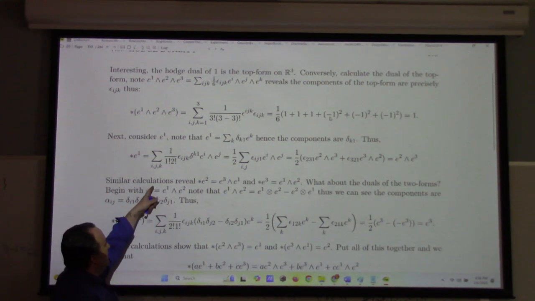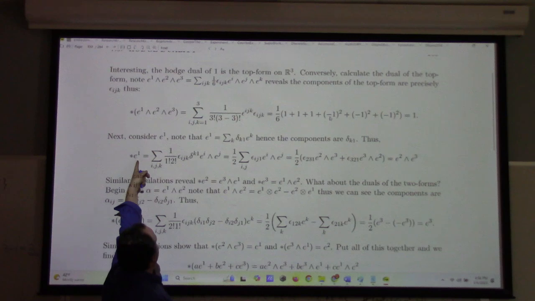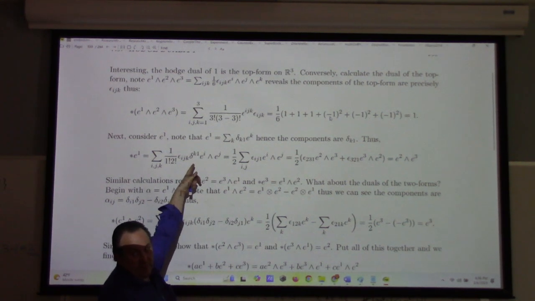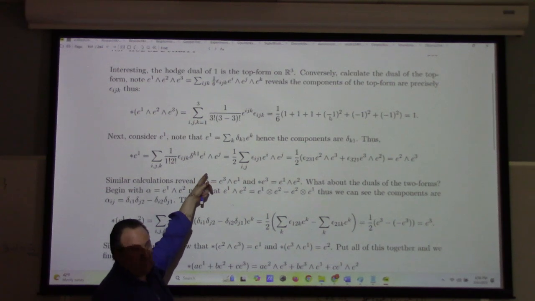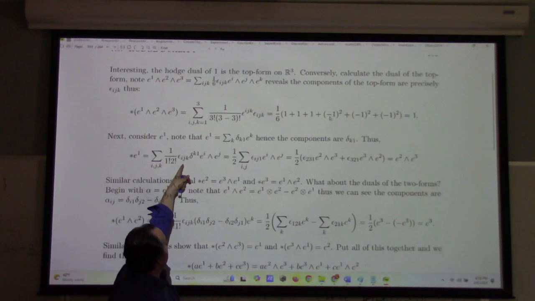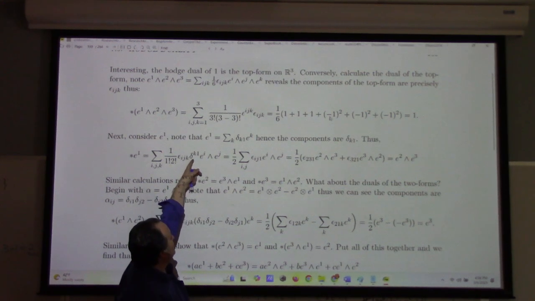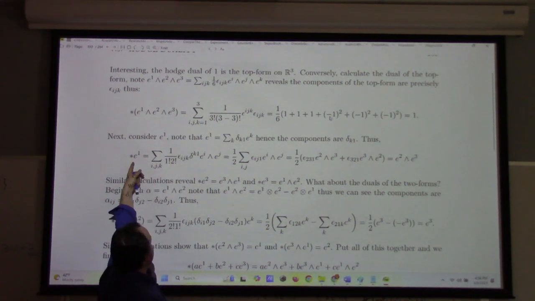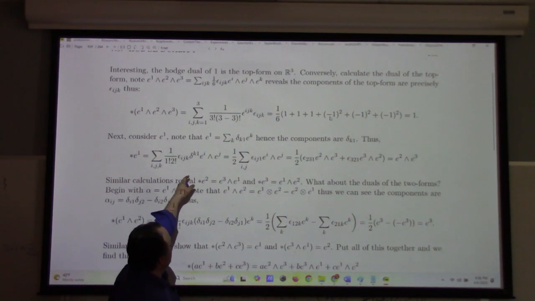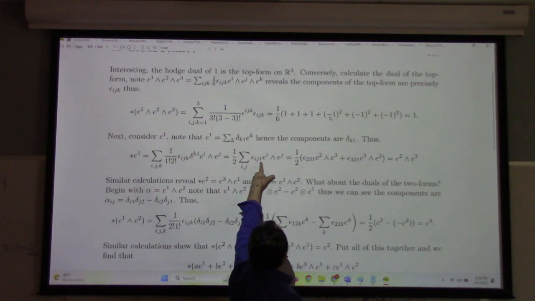Hodge dual of E1. The components of E1 are Kronecker delta K1, all right, because we're in Euclidean space, so when you raise the indices, that's the components of this dual vector. Well, they're the contravariant components of that dual vector. And when you squash that all down, you just end up with ij, with this 1 being fixed.